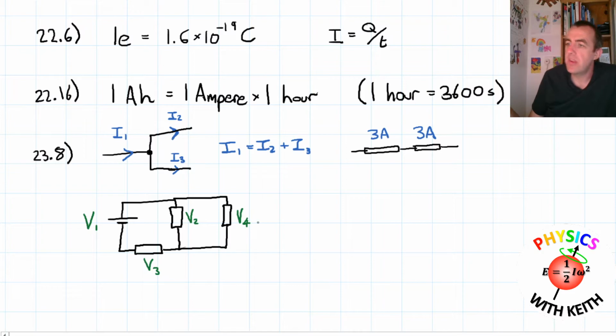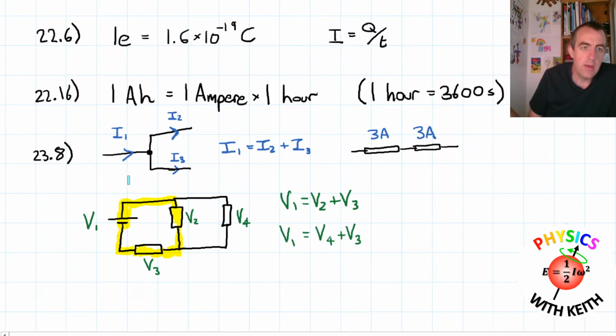If our circuit was extended with another resistor in parallel with V2, then we use the same rules. In the first loop we pick up V1, we drop off V2 and then we drop off V3. But in the second loop, we pick up V1, then we drop off V4, and then we drop off V2.